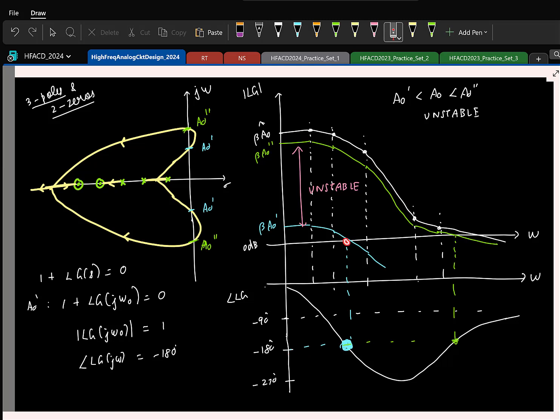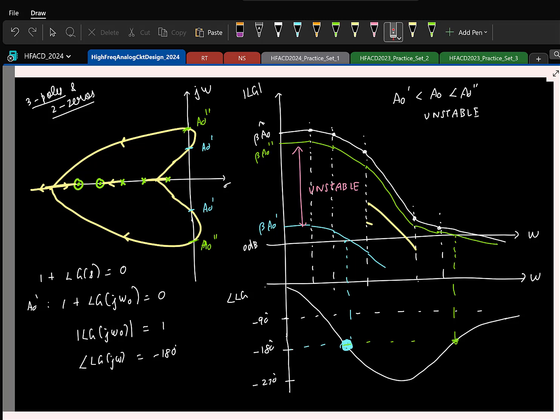Now I know that any magnitude plot in this range is an unstable closed loop system. To make it more clear, let us say I take some magnitude plot here. Since this magnitude plot is lying in this unstable region, the closed loop system is definitely unstable. So can you make any comments about the phase?